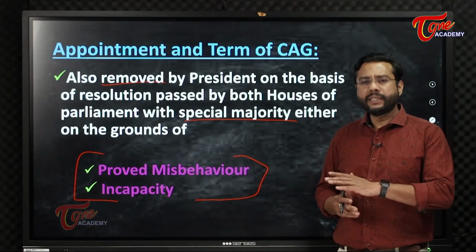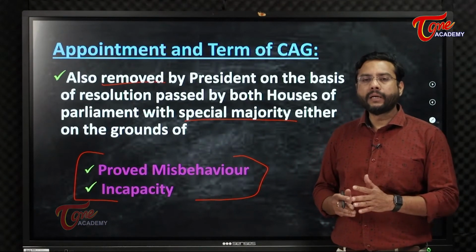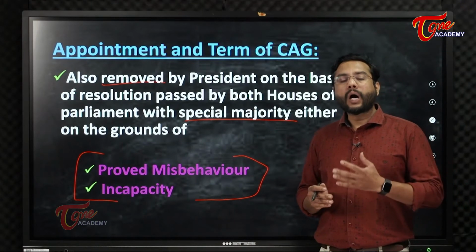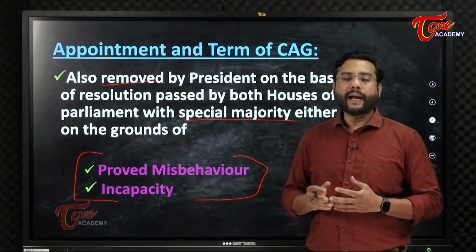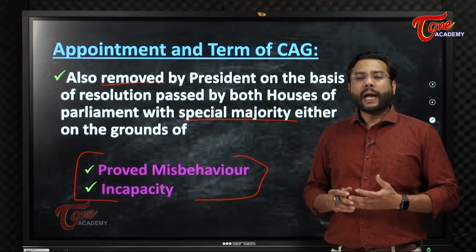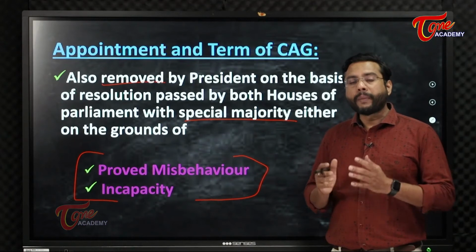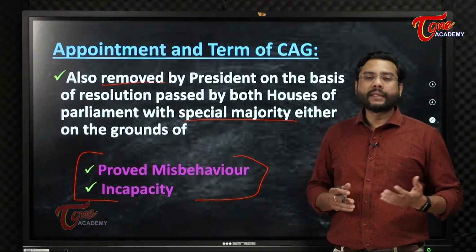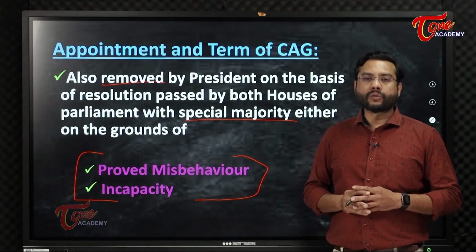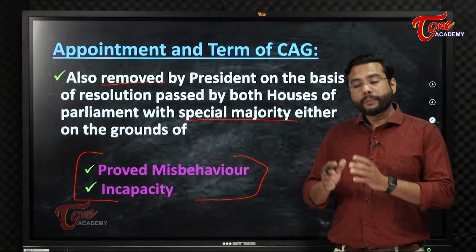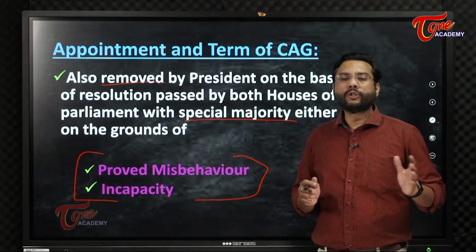As we know, the CAG, that is Comptroller and Auditor General of India, is the only authority to audit the accounts of both central government and state government. It would take a lot of time. After the money is spent, it could take 2 years, 3 years or more to audit such accounts. Meanwhile, the government may also change, but the process of audit is a continuous process.